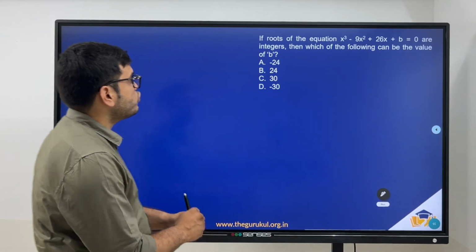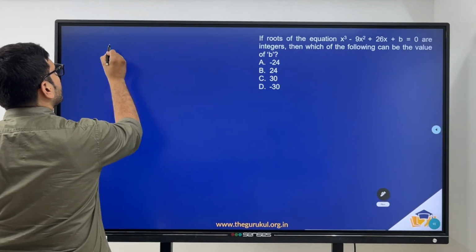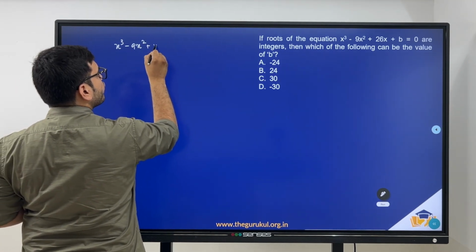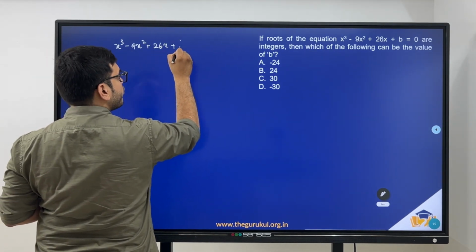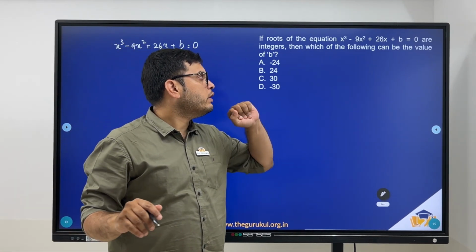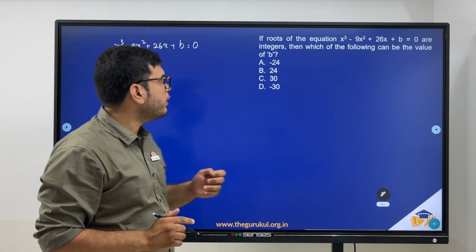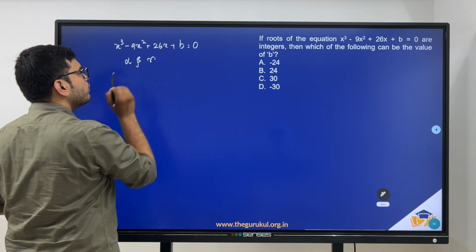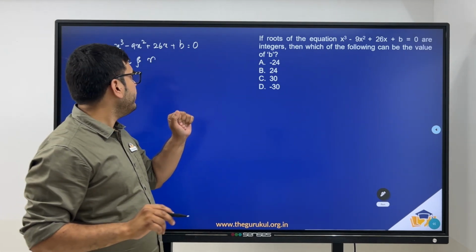Now coming to the last question, if the roots of the equation x cube minus 9x square plus 26x plus b is equal to 0 are integers, then which of the following can be the value of b? Right. Now let me consider alpha, beta and gamma to be the 3 roots of this equation.